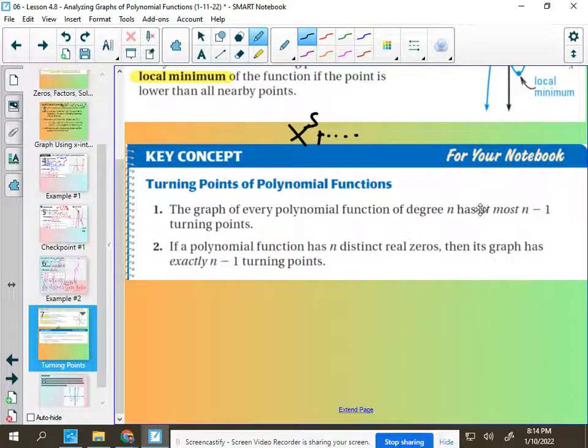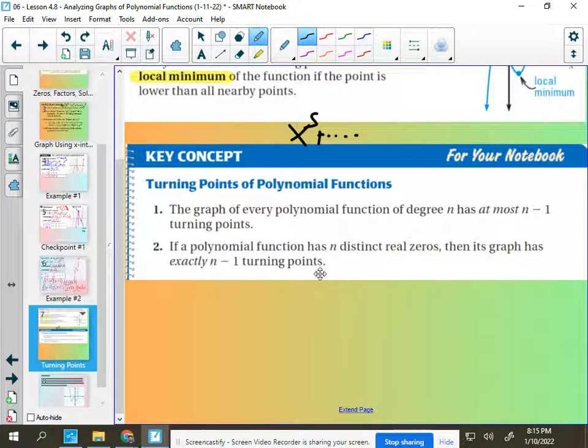You could look at the degree, 5, 6, 10, and say that graph, without even seeing it, has at most the degree minus 1 turning points. It could have less. It doesn't have to automatically have 4. Maybe it only has 1. No, I'd probably have to have at least 2. But anyways, at most it could have 4.